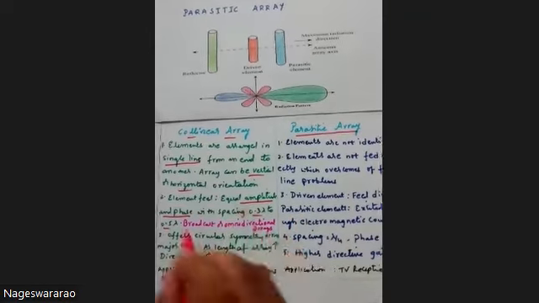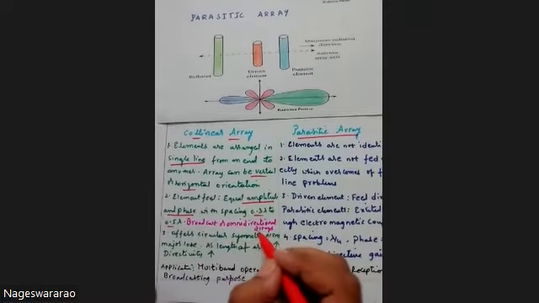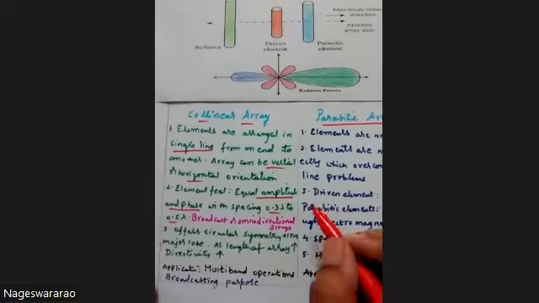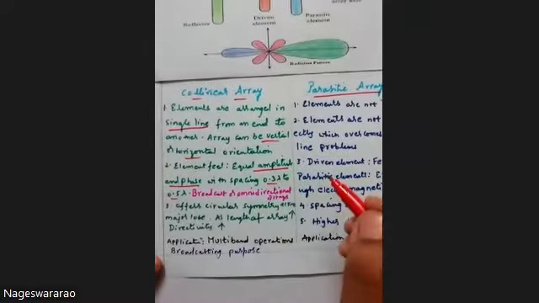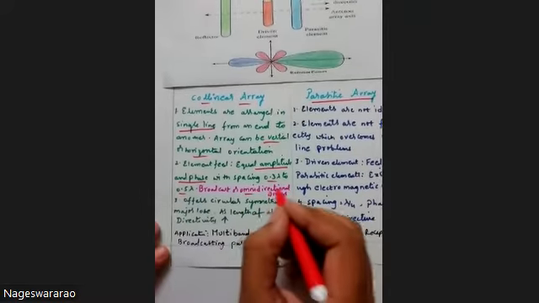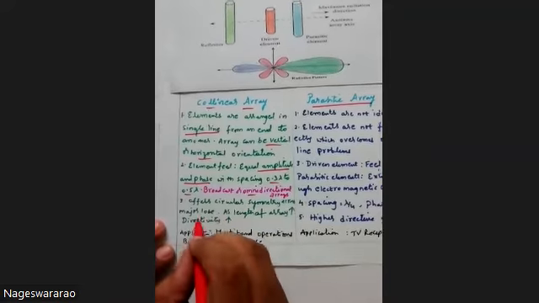These types of antennas are mostly called broadcast or omnidirectional arrays. Why? Because for these antennas, the output pattern will have circular symmetry, nearly, not exactly, nearly circular. That's why we call it an omnidirectional array also. And as I said, it provides circular symmetry across the main lobe.